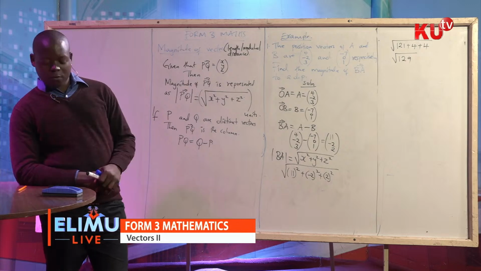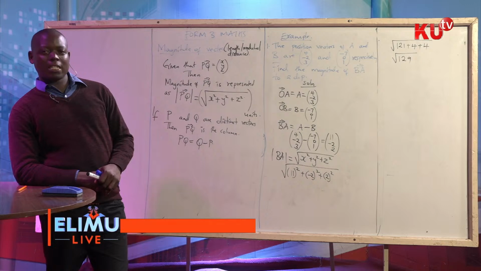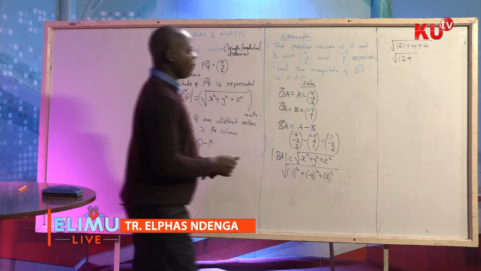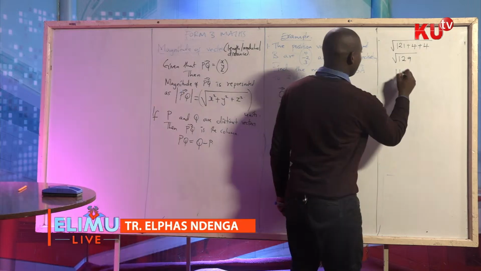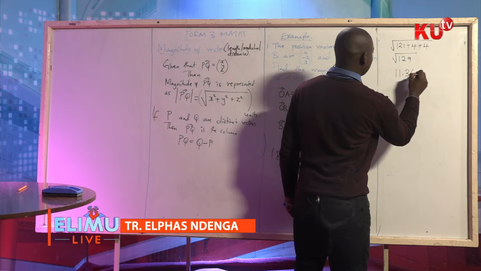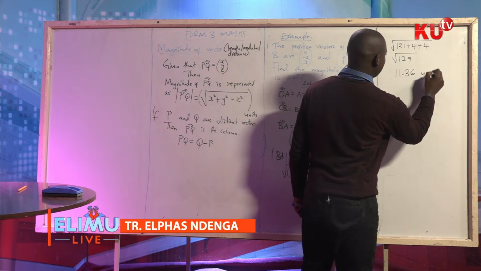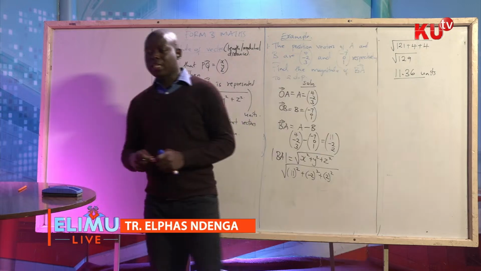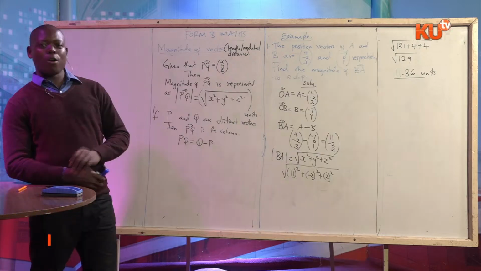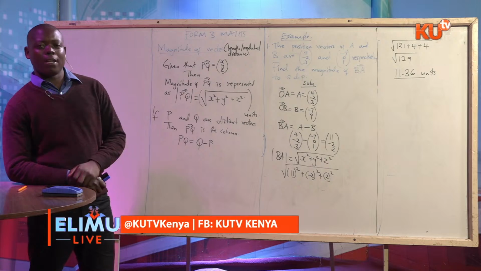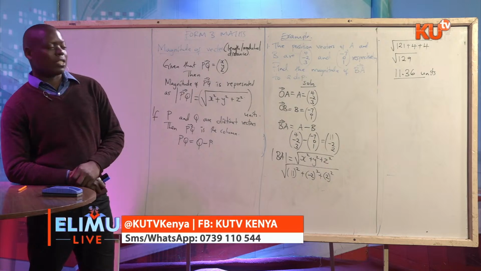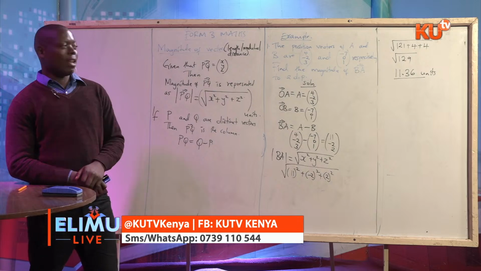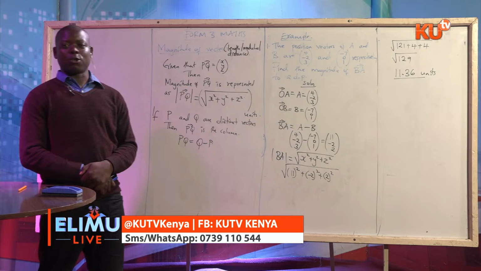What is the square root of 129 from your calculators? 11.36 units. That is the solution for question number 1 on the magnitude of a vector: the square root of x squared plus y squared plus z squared.